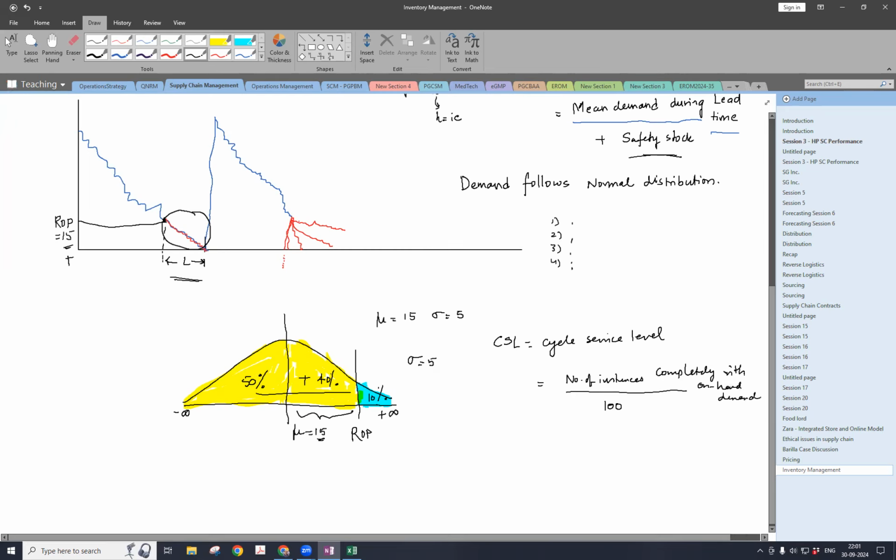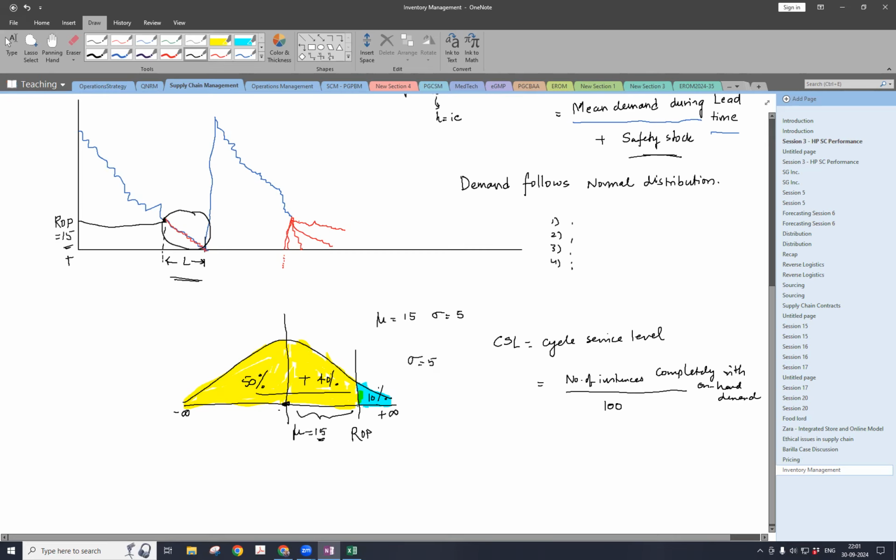Now, remember that all of this means we are only focused on this particular lead time, because this is when the entire concept of your stock out happens. Now, if we try to understand from the basics of the normal distribution, this part at the middle is the mu.